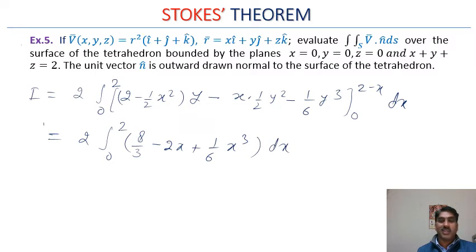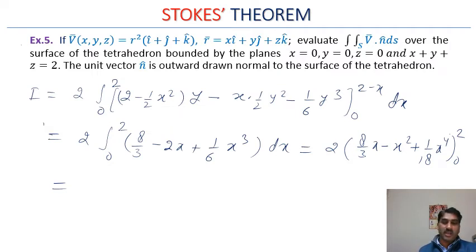Now you can integrate it very easily, and that just happens to be 2 into 8 by 3 x minus x square plus 1 by 18 x to the power 4. So the limit is 0 to 2, and just see that everything is 0 again on the lower limit. So put x equal to 2 as the upper limit, and you will finally get 4.